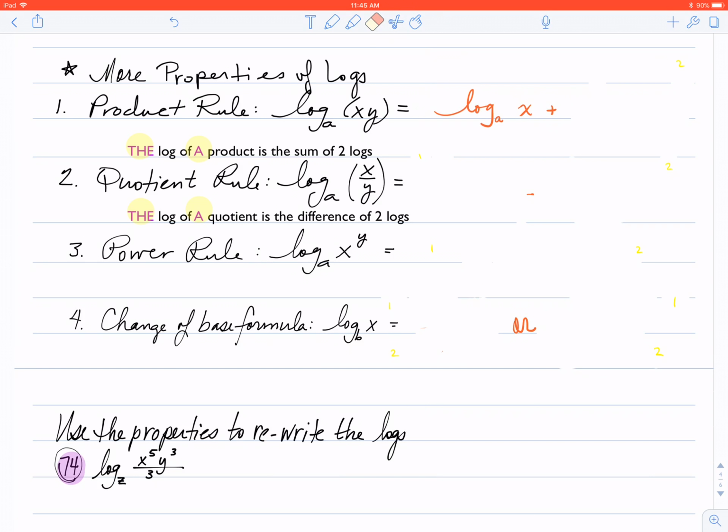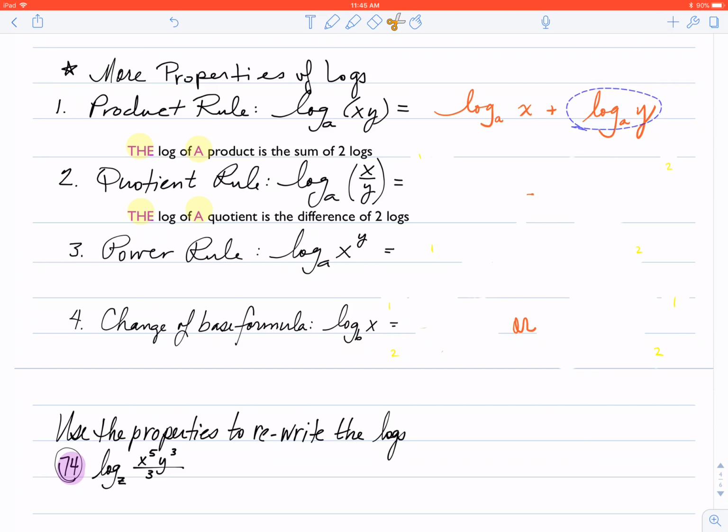So my first log is log base a of x, and my second log is log base a of y. So that statement then, here I have a single log of a single product is the sum of 2 logs. Same thing for the quotient rule.